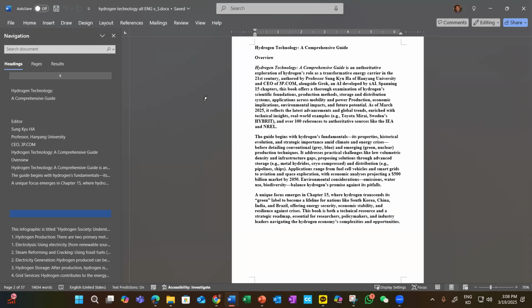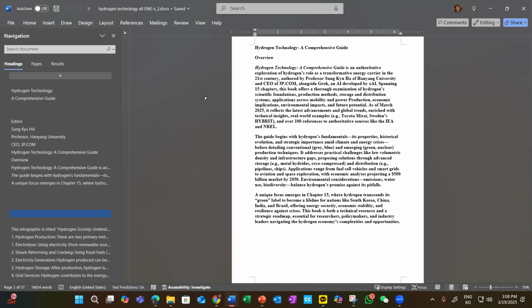So it is critical to understand energy in general, but especially hydrogen energy: how to produce hydrogen gas, how to distribute hydrogen gas, how to store the hydrogen gas, and also how to generate electricity from hydrogen.